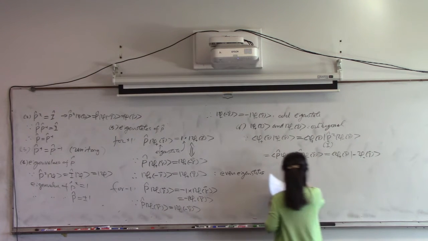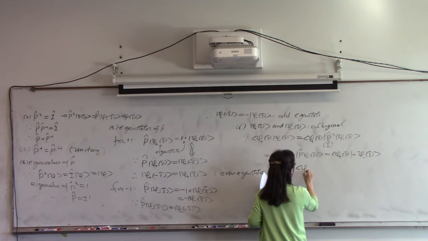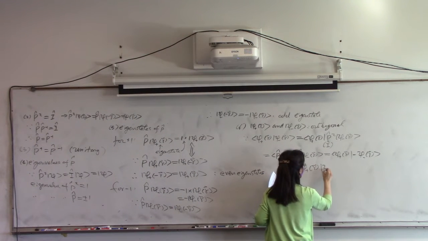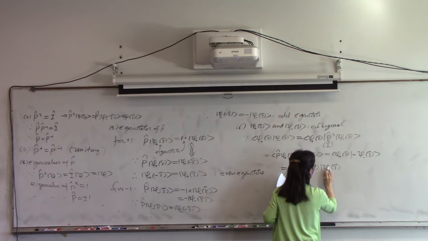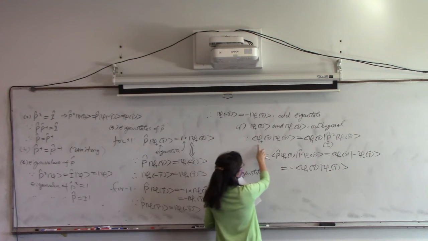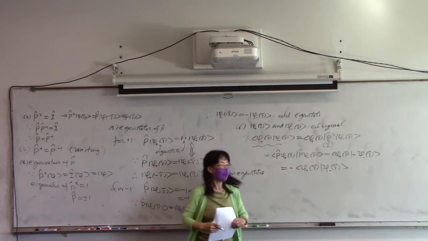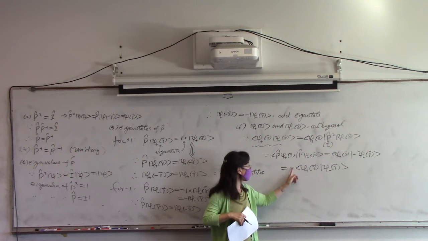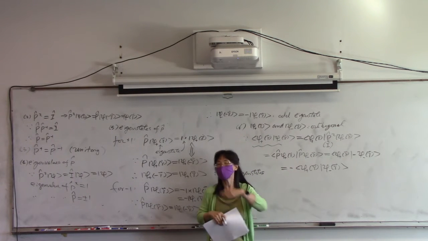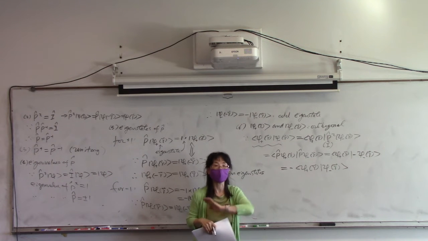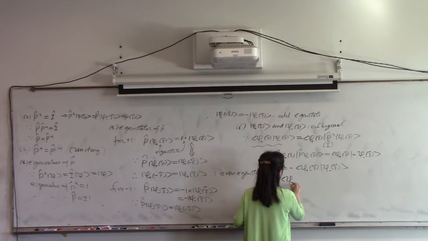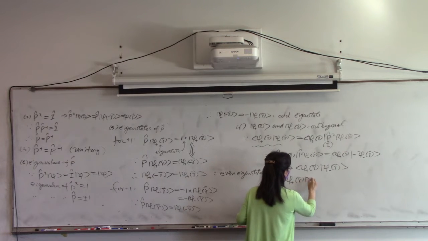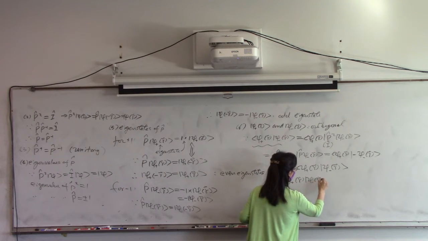So what you have is minus the inner product. Looking at the left-hand side and right-hand side, they differ only by a minus sign, so they can be equal only if it goes to 0. The only conclusion from this is that they are orthogonal.